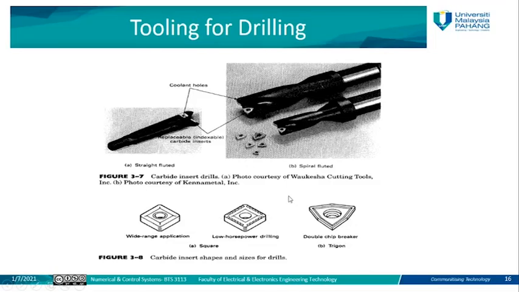Actually, as I told you, this is more related to the workshop and to practical CNC machines. The carbide inserts go inside these holes, and then this part is fixed to the rotating spindle of the machine.